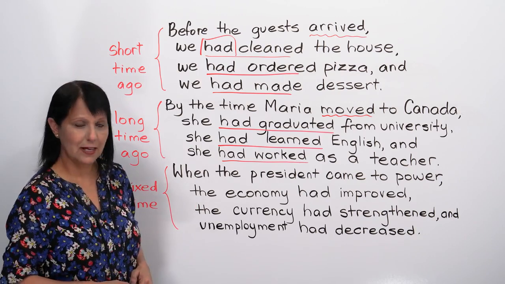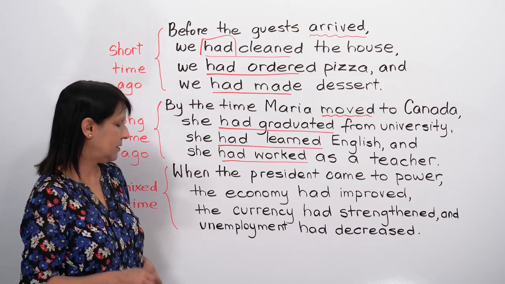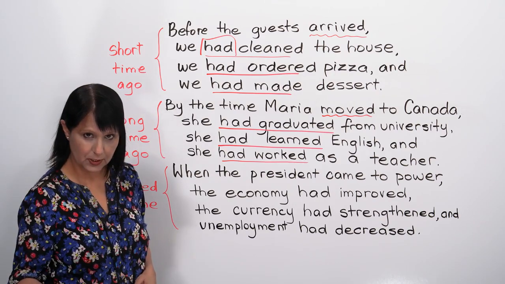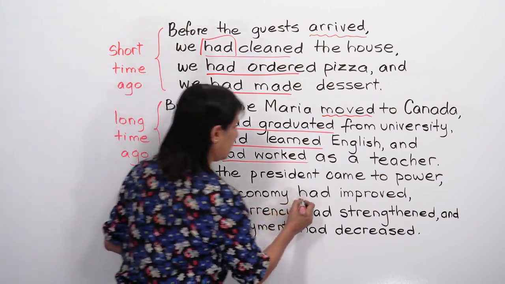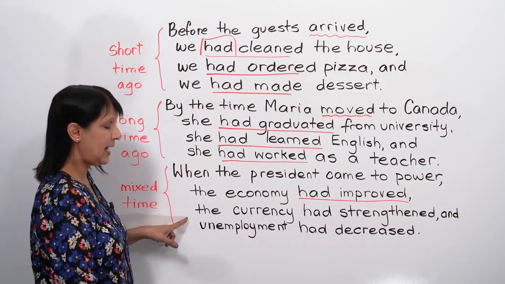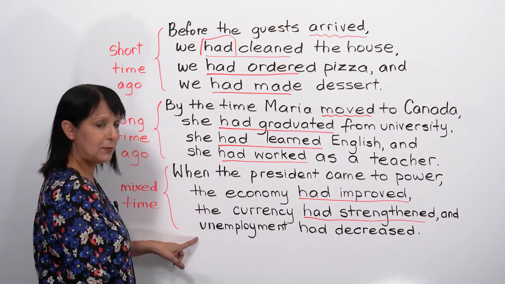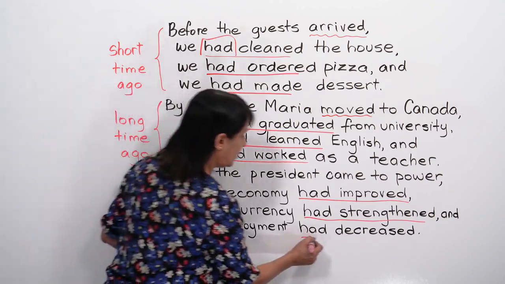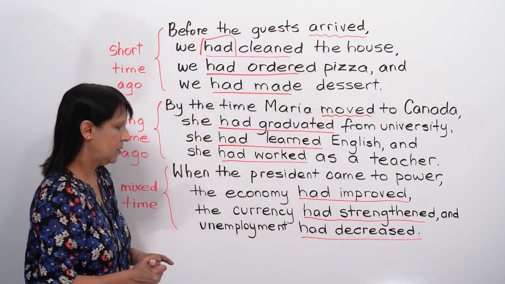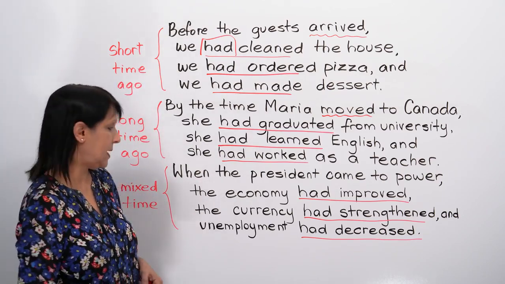Let's take one last example. When the president came to power, the economy had improved. So we see here, had improved. The currency had strengthened. And unemployment had decreased. So the economy had improved, means it had become better.